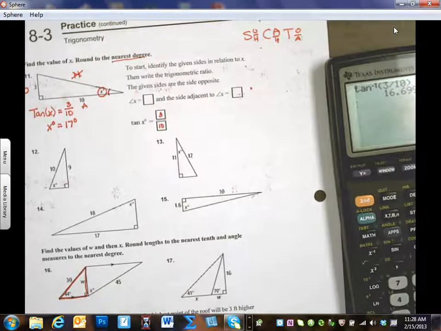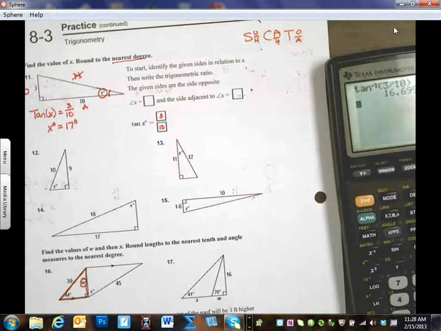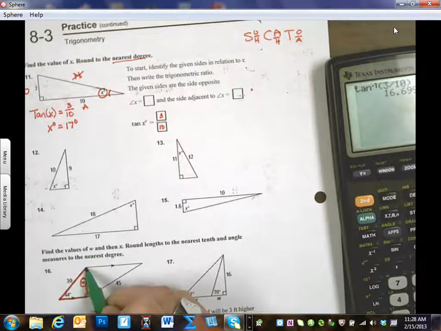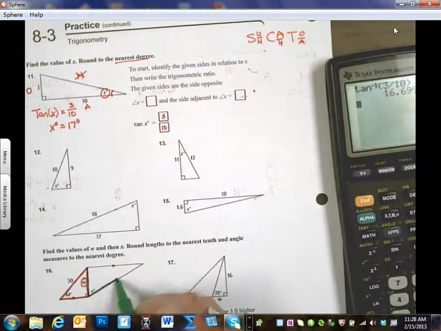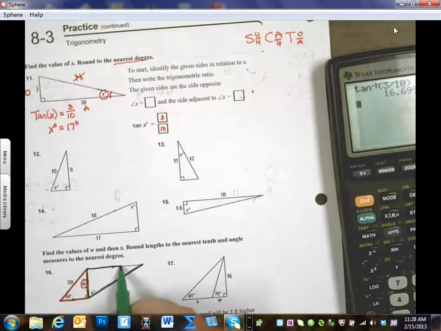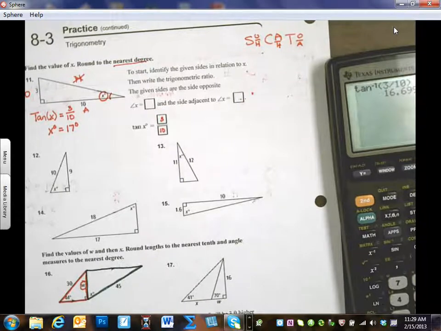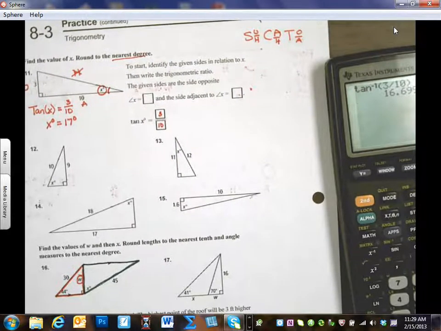Draw it separately and use the trig functions to find it. Once you find this, you're going to be able to solve for W. Take W and plug it in, and then do this green triangle. This is a multi-step problem, so you're really going to have to think about how to apply this information. Now, red comes before green. You've got to stop and then go.